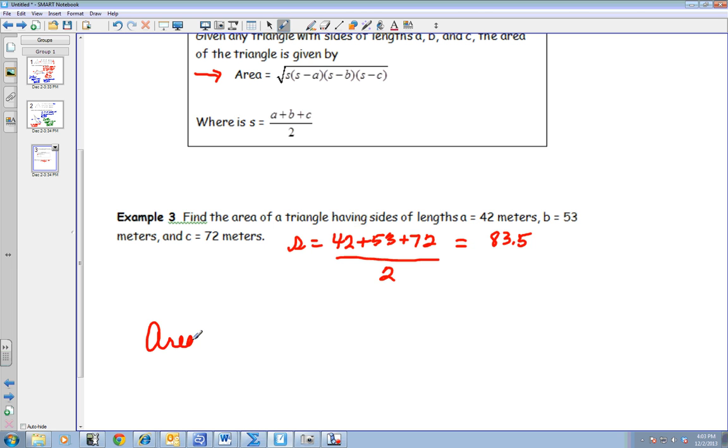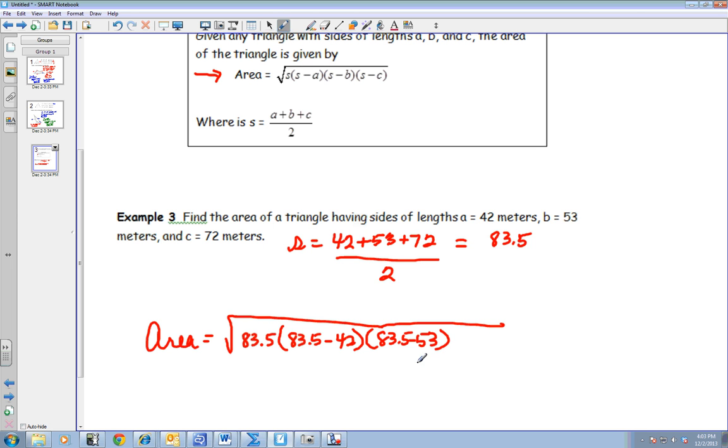So area equals the square root of 83.5 times 83.5 minus A, which is 42, times 83.5 minus B, which is 53, times 83.5 minus C, which is 72.